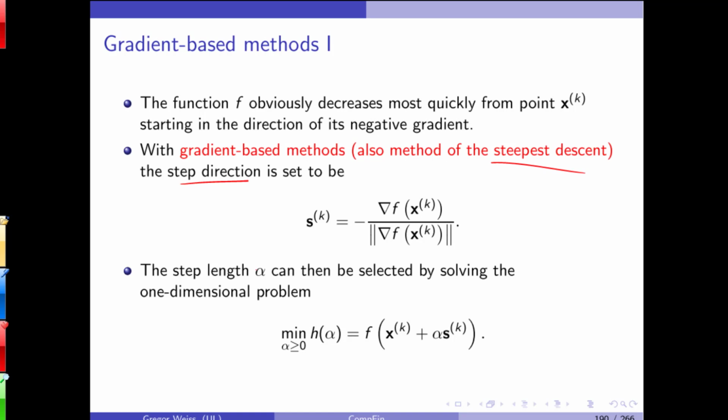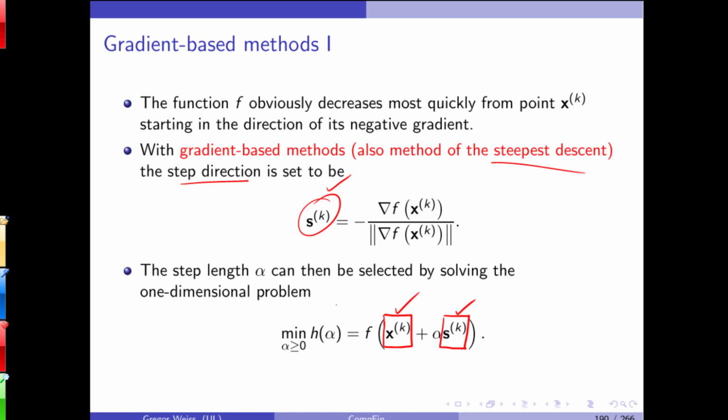You take the function h(alpha), that is defined as the function f(x_k plus alpha times the step direction), and you first compute the step direction by taking the gradient. Then s_k is calculated, you insert it here and s_k is fixed. x_k, your starting value, is fixed. So this function h only depends on alpha, and this is a one-dimensional optimization problem.